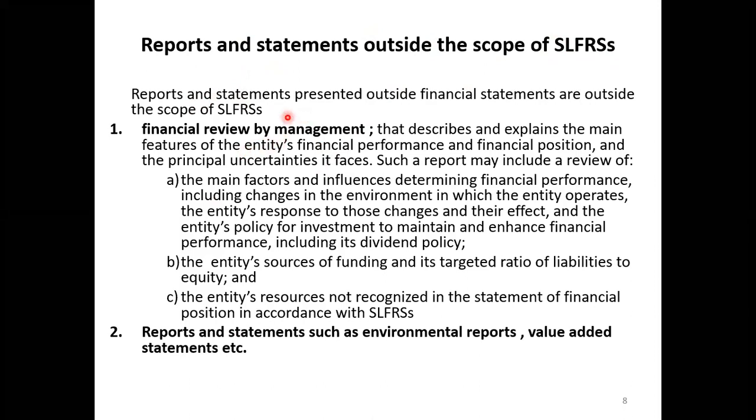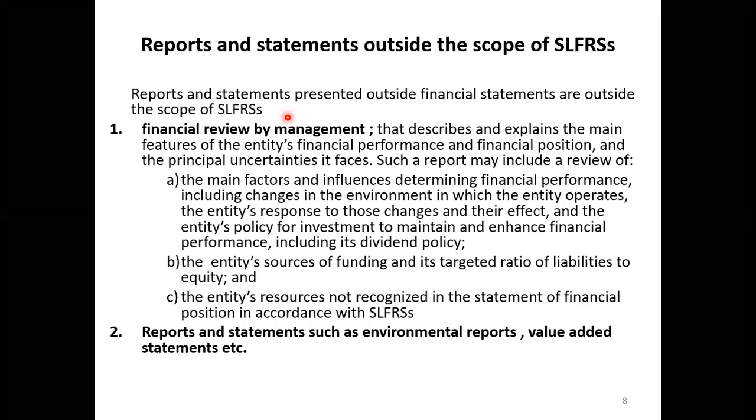When you look at the annual report, in addition to the financial statements, we can find some reports: management review, corporate governance review, and risk management. So you can find additional information. Financial review by management describes and explains the main features of the entity's financial performance and financial position, and the principal uncertainties it faces.